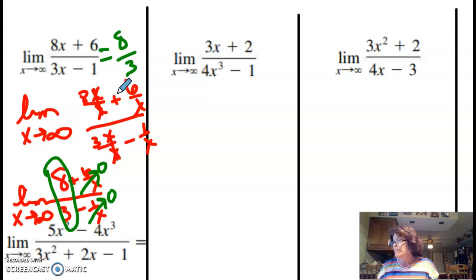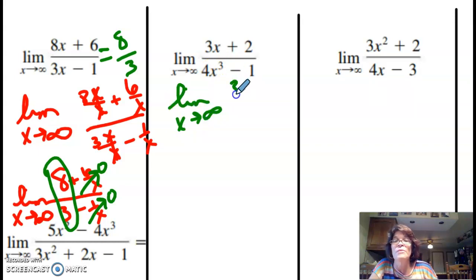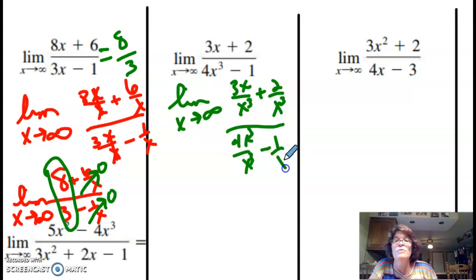In this next one, we try to do the same thing. The biggest power is x cubed. So I am going to take 3x over x cubed, 2 over x cubed, 4x cubed over x cubed, and 1 over x cubed. That's going to give me the limit as x approaches infinity.